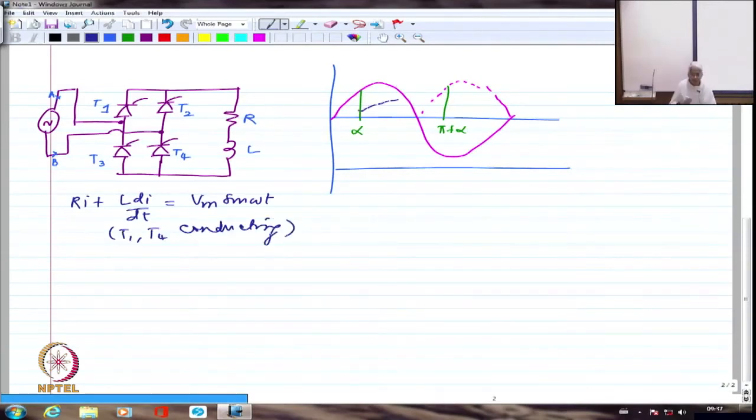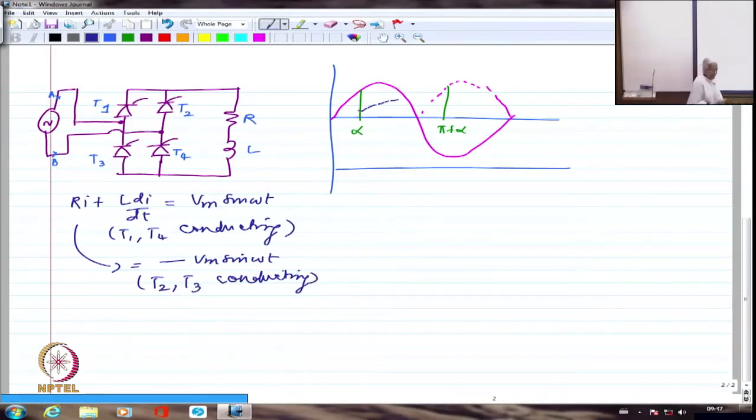If these two are conducting, I have Vm sine omega t directly applied across the load, whereas this will be equal to minus Vm sine omega t if T2 and T3 are conducting, because just the opposite polarity is connected across the load.